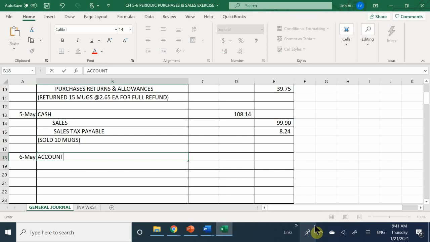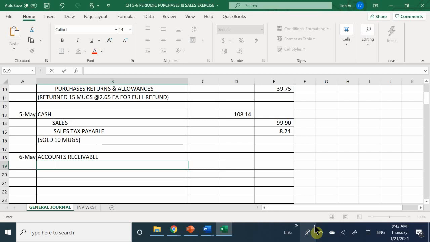So accounts receivable. Okay? And then what are we actually going to recognize here? What did we actually do? We gave them terms of 10/10, net 30. But what had to happen? What was the transaction at hand in order for us to give this person a discount?